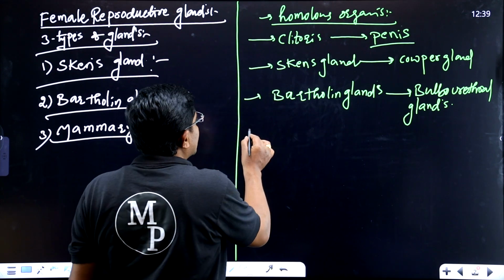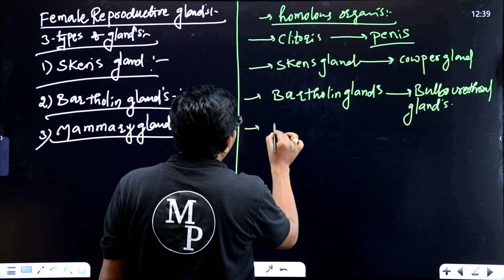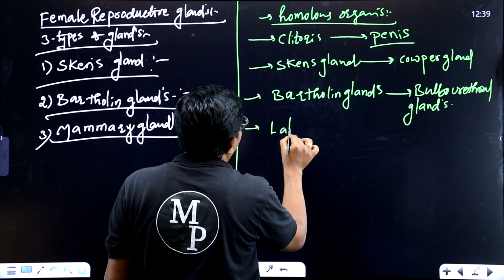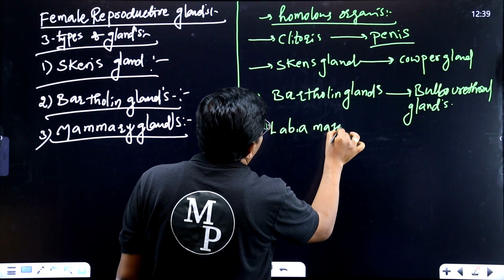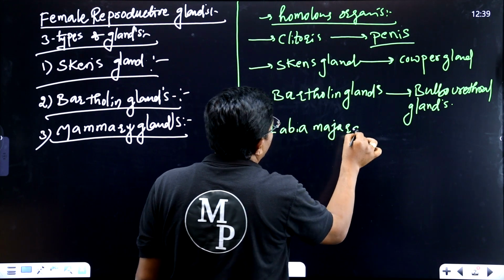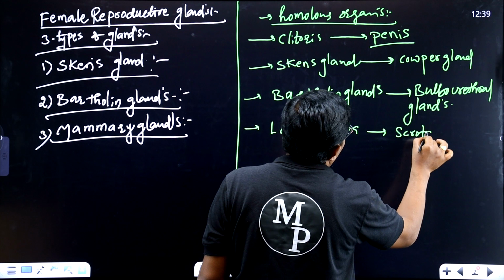In the female reproductive system, the labia majora is homologous to the scrotal sacs.